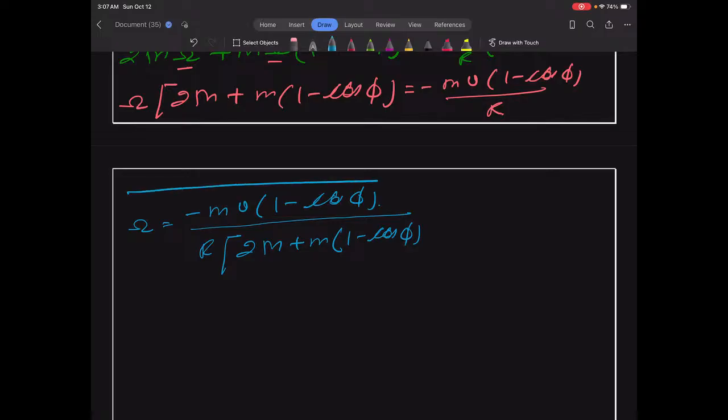So this is our formula of our angular velocity.